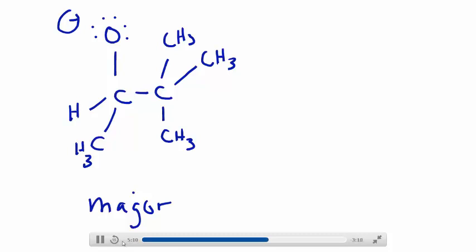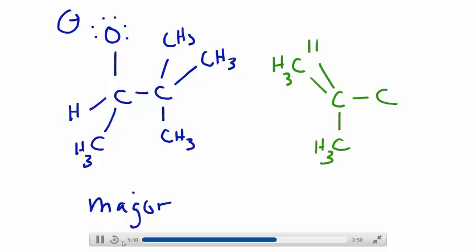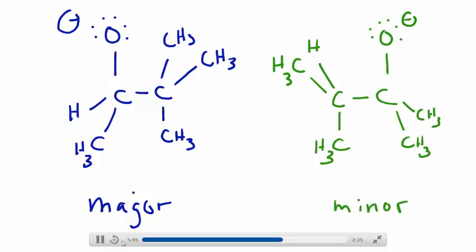If you wanted to make the minor product, I have to remember what color I used, you would have added that methide to the secondary carbon. But it literally could have added to either one of the two carbons in that three-membered ring.